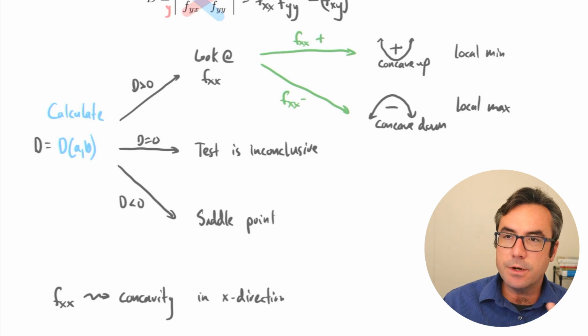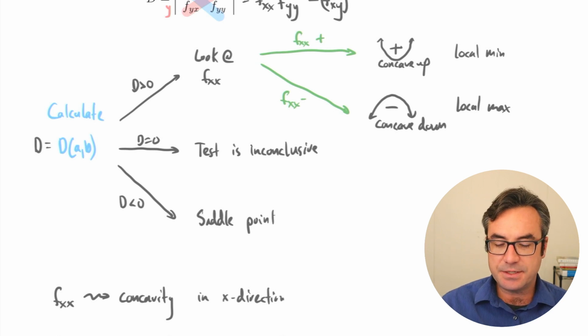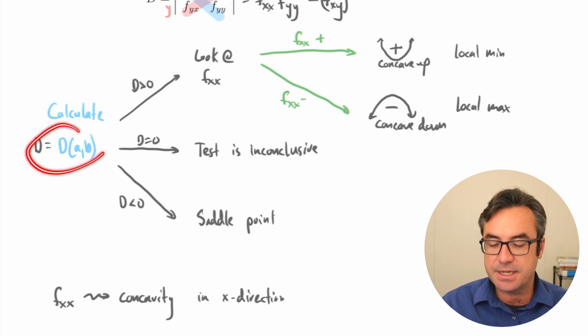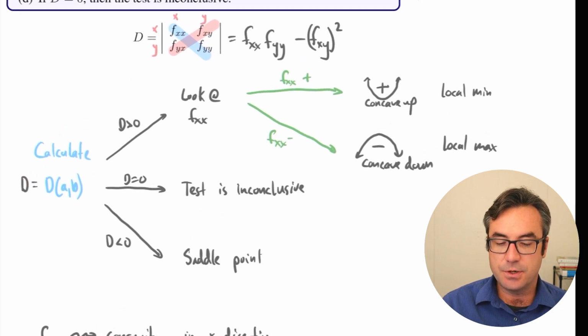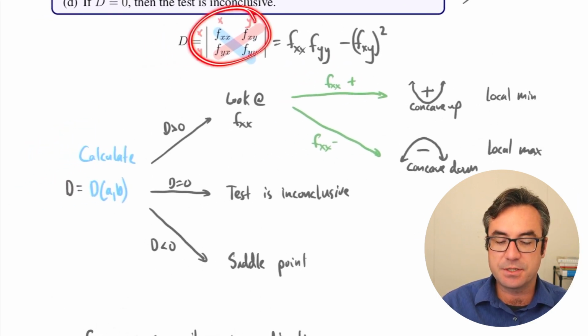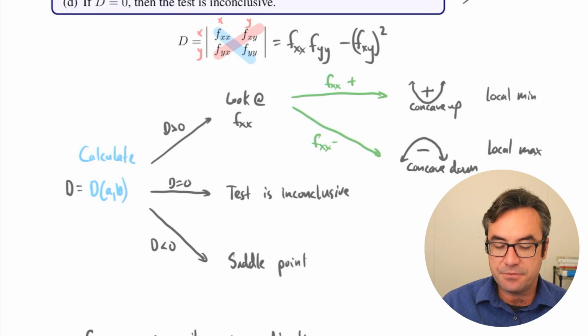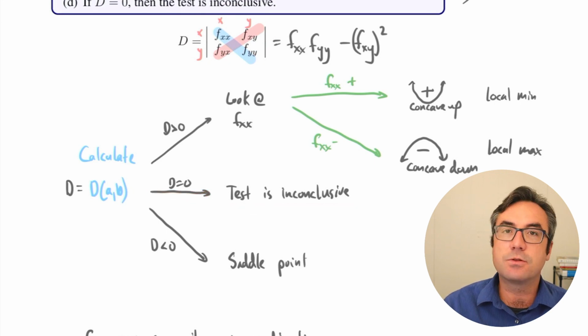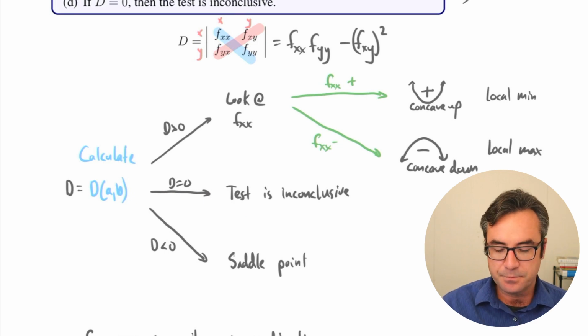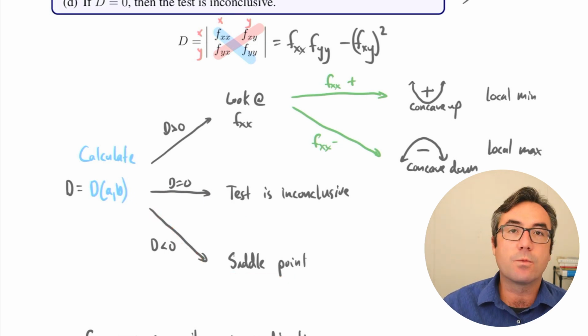So the way we're going to be working with our second derivative test here is we're going to calculate this gadget D, which we're going to be able to remember using this little determinant here. If D is 0, the test is inconclusive, then we have to do some extra work. If D is negative, saddle point, we're done.